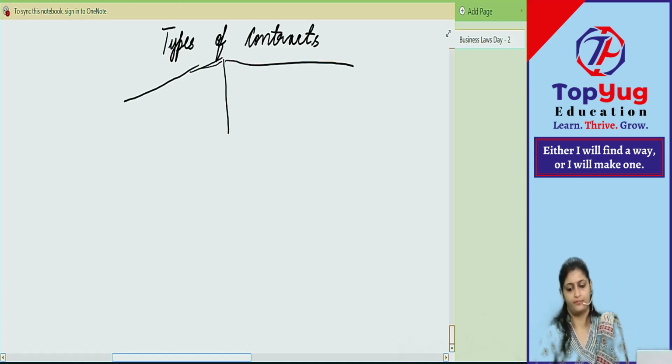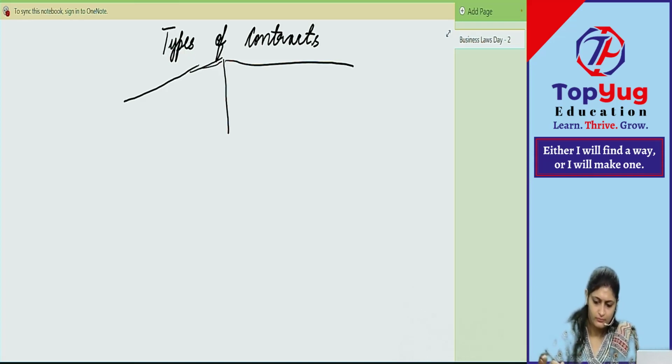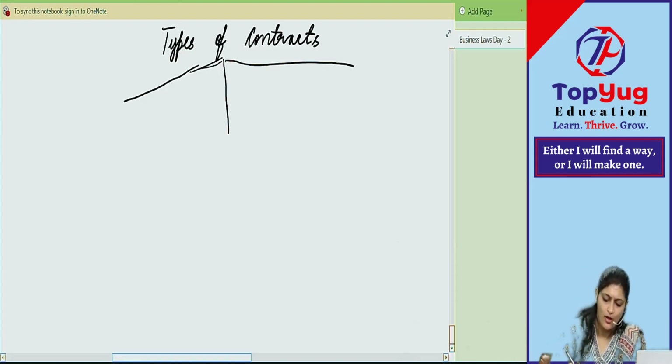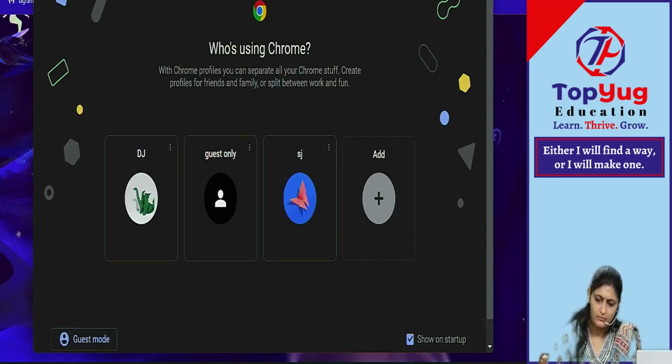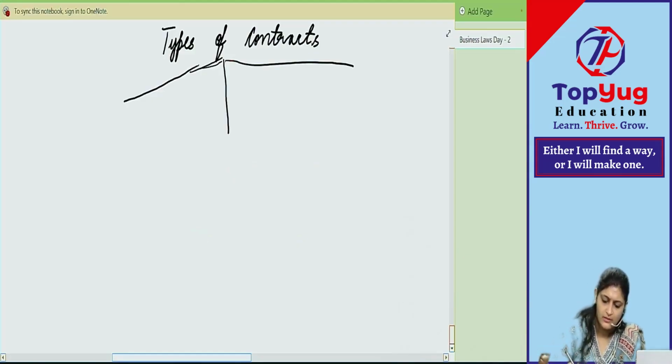The first one is based on validity, or you can say based on enforceability.